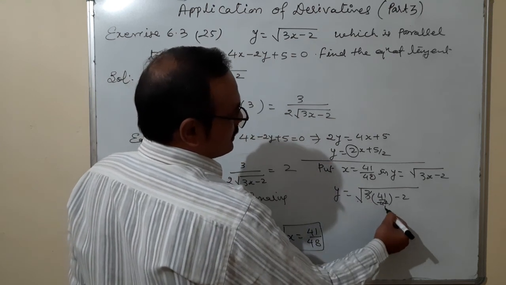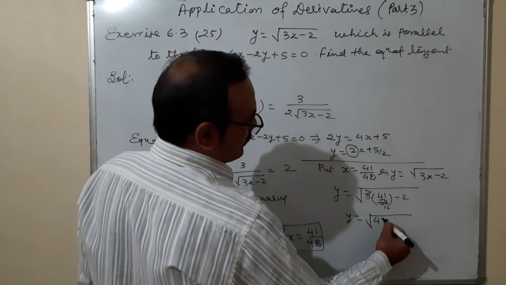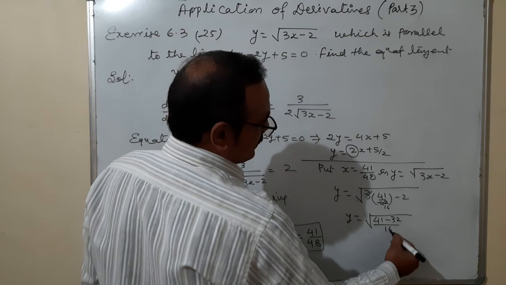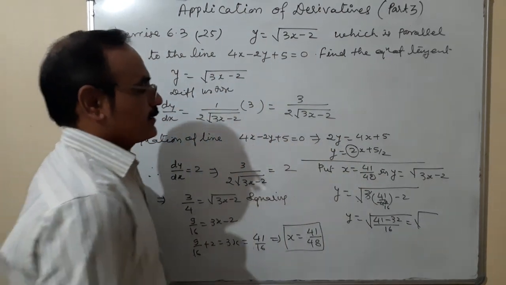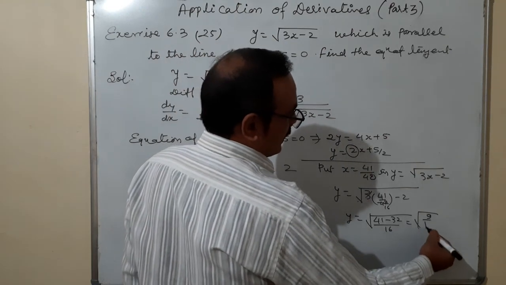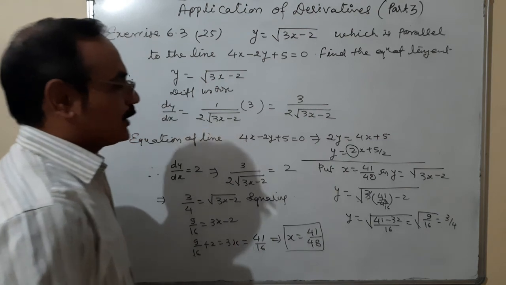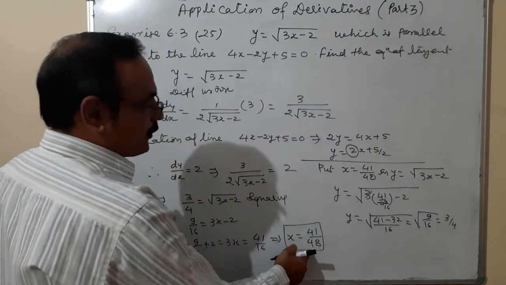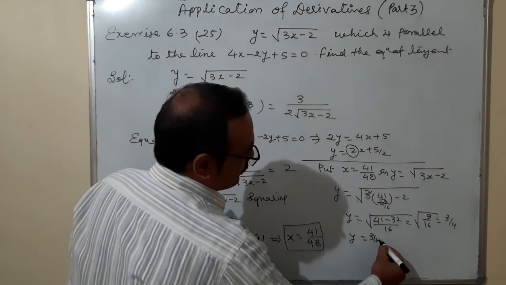It is 16 threes are 48. y is equal to 41 minus 32 upon 16. So it is 9 upon 16, and root of 9 upon 16 means 3 upon 4. So the value of y is equal to 3 upon 4. Right? x is equal to 41 upon 48 and y is equal to 3 upon 4.